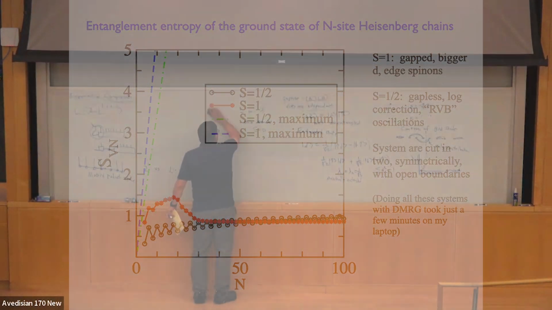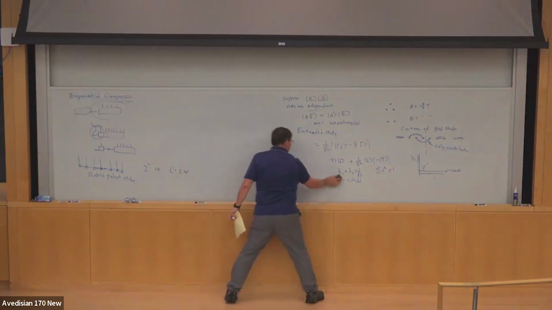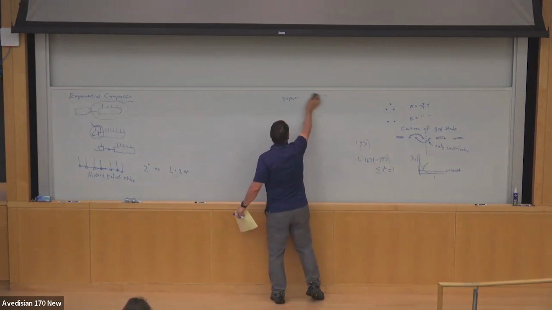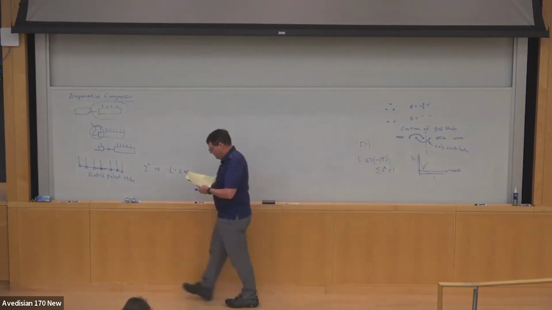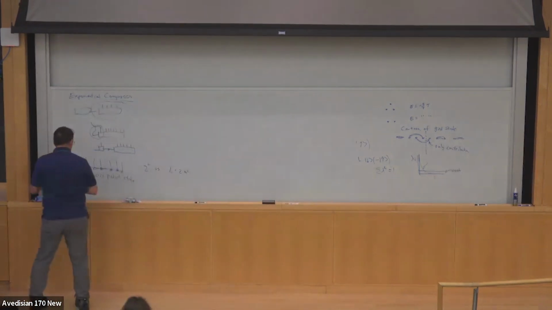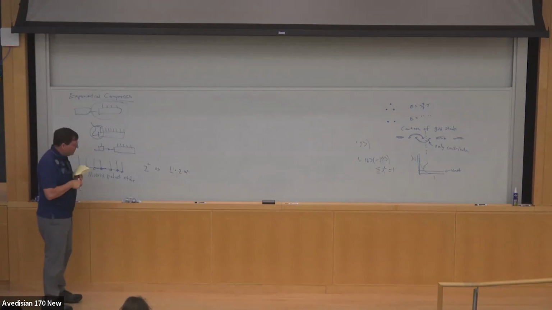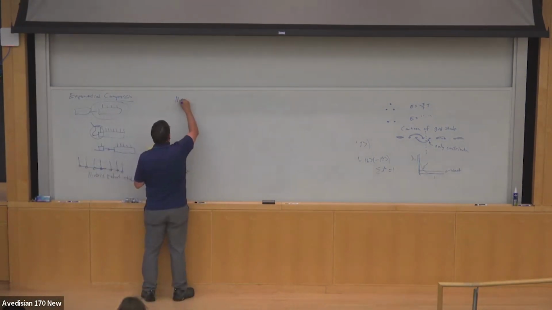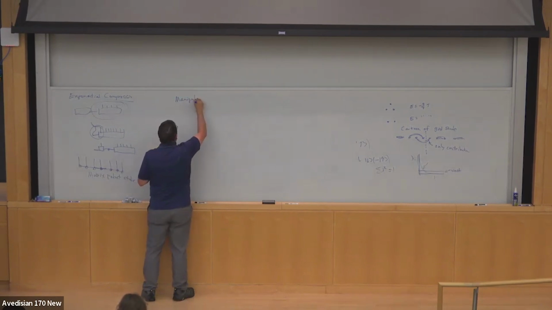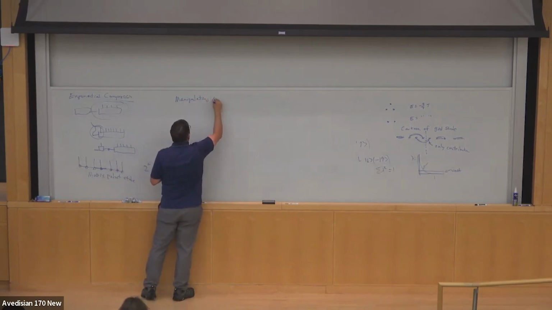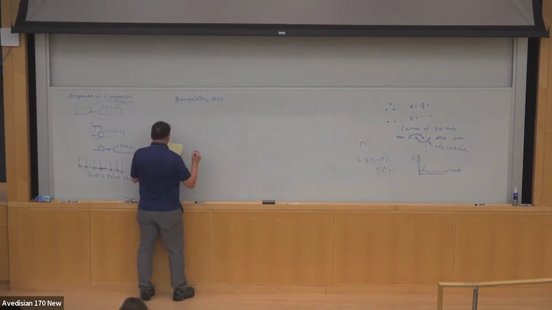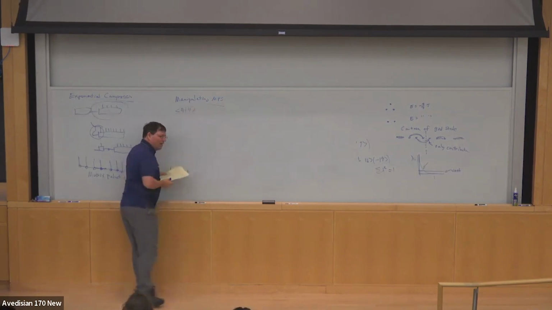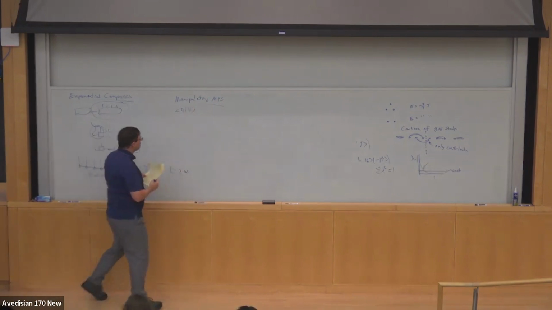Okay, so how do we do things with these matrix product states? We assume we're in a situation where they're useful, and we want to manipulate them. The simplest thing you might do is calculate the normalization of a wave function written as an MPS.